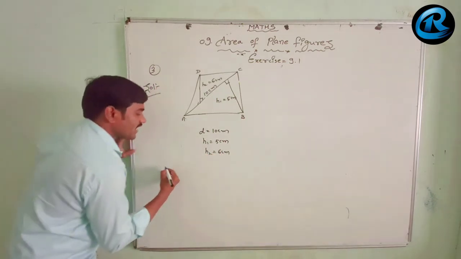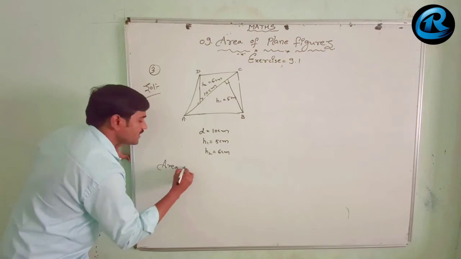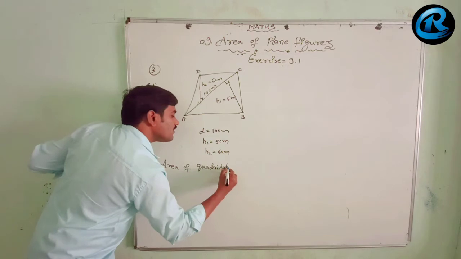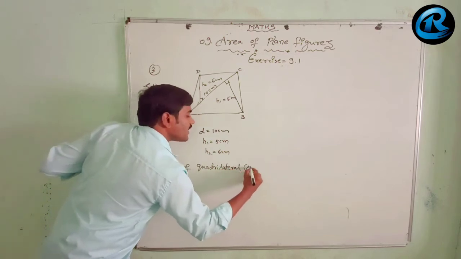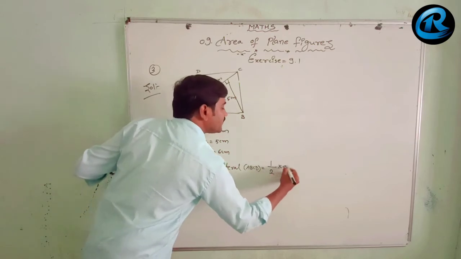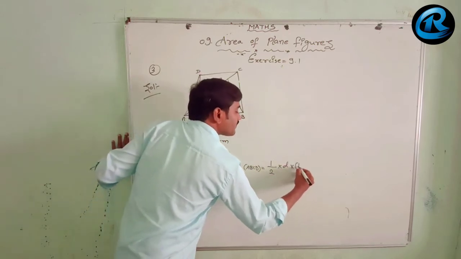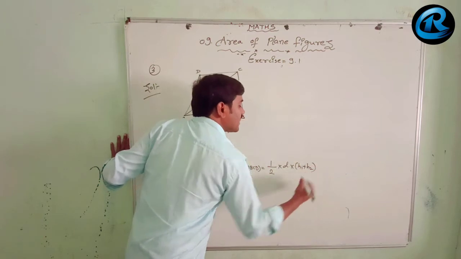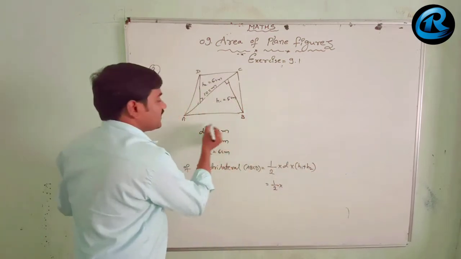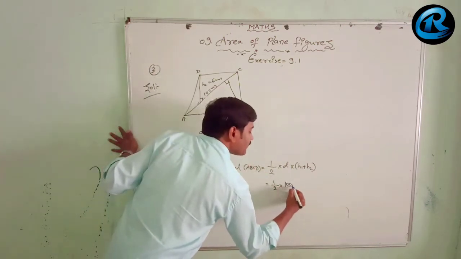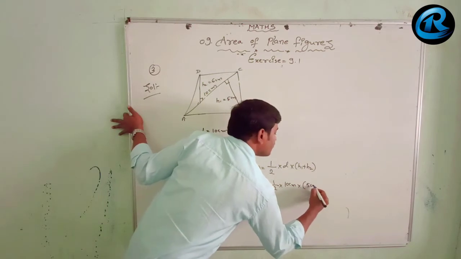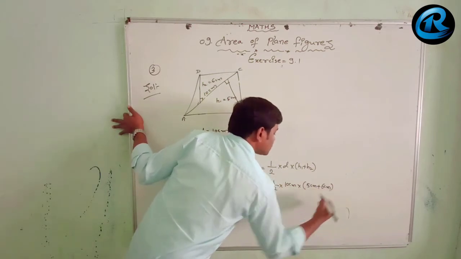Let us find out the area of quadrilateral ABCD. The formula is 1 by 2 into d into (h1 plus h2), height 1 and height 2. Here 1 by 2 into d, the d value is 10 centimeters, into (h1 plus h2), 5 centimeters plus 6 centimeters.